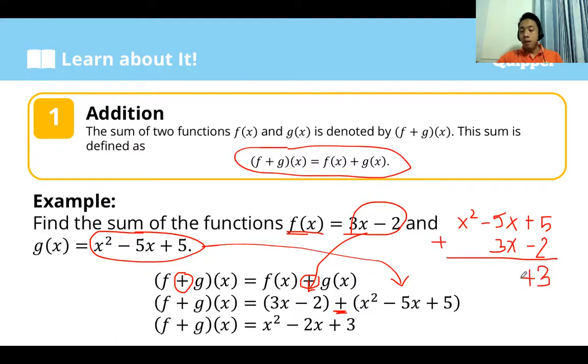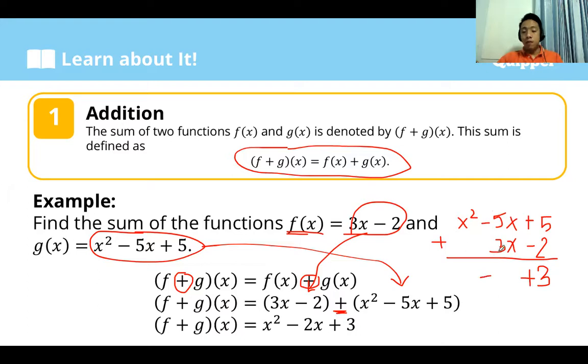Then we have here negative 5 plus 3. They are unlike signs, so therefore we will do subtraction, correct? So we will subtract them and then we will copy the sign of the greater number, which is 5. So I will copy negative.